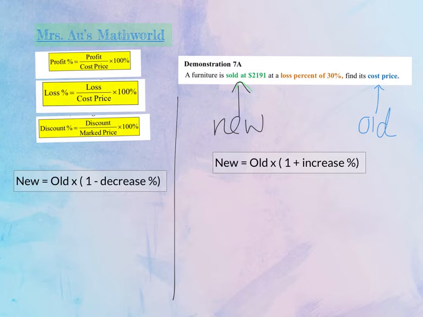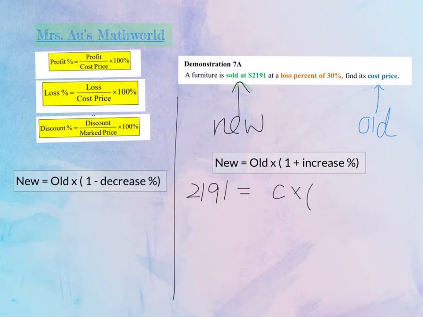So this time we know the new value, $191, which equals the old value, but we don't know how much it is. So you may let it be $C, something like that. But when we use the equation, you can skip the dollar sign. And then times, oops, I made a mistake, right?